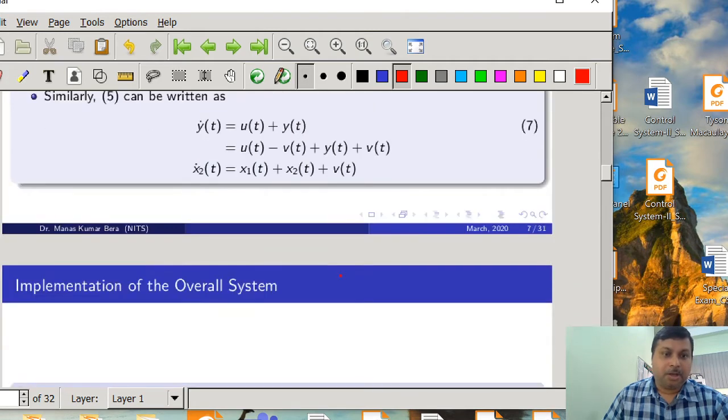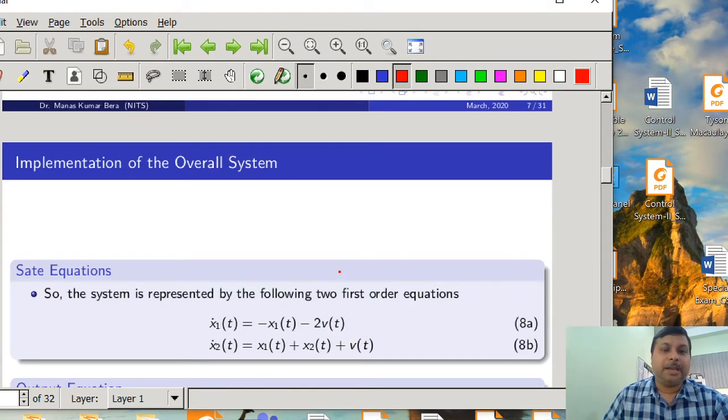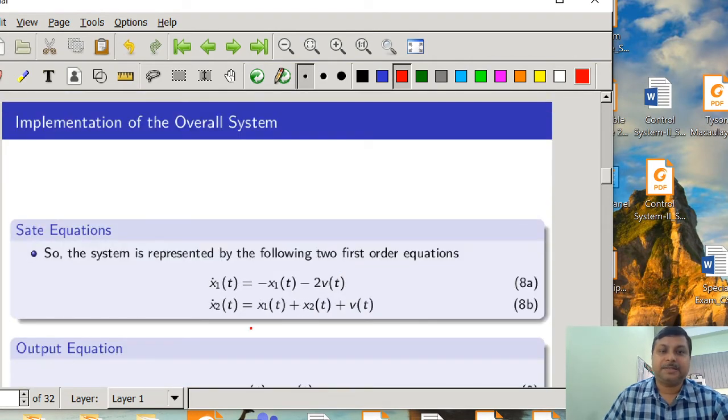So the overall system can be represented by x1 dot t equal to minus x1(t) minus 2 v(t), and x2 dot t equal to x1(t) plus x2(t) plus v(t). These two differential equations represent the system.